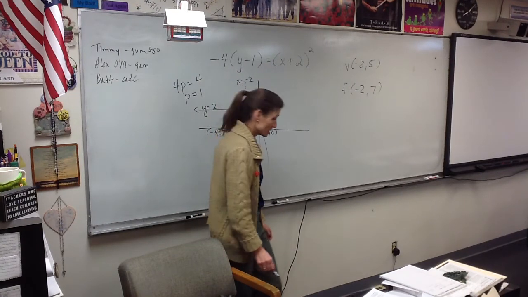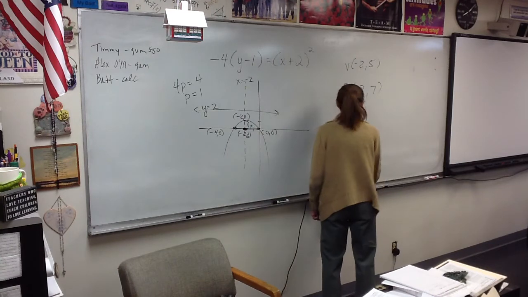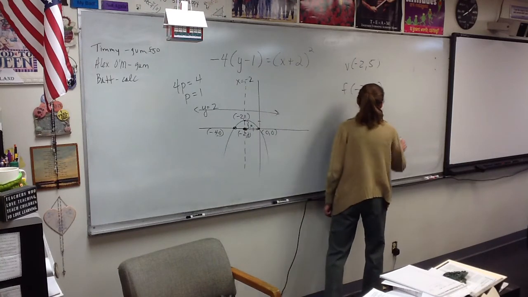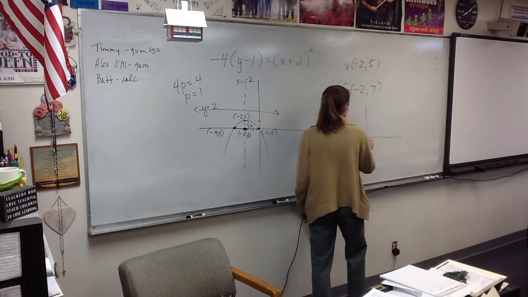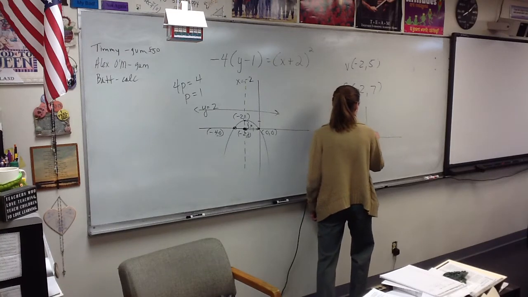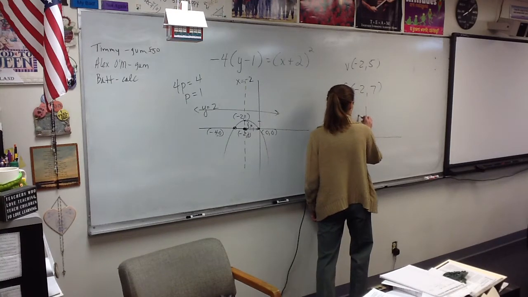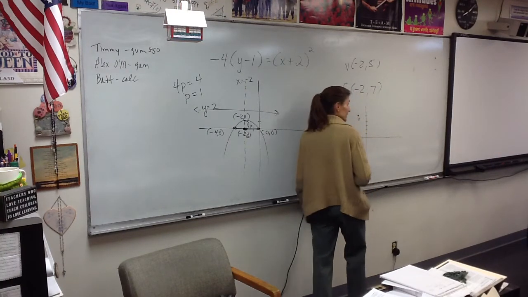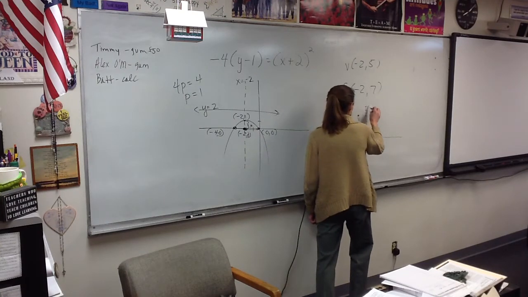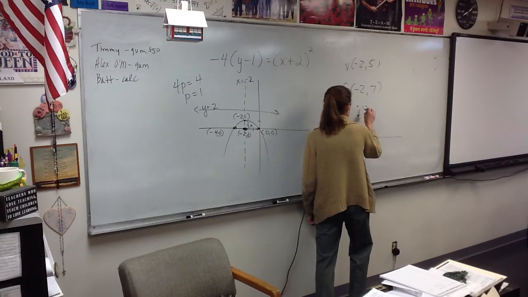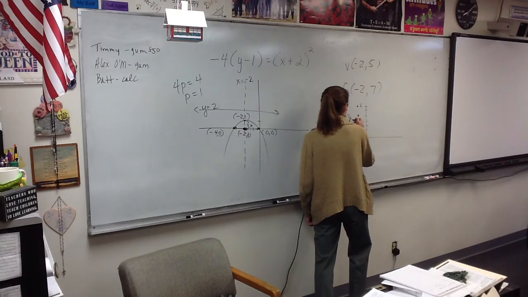Like always, not required, but I'm going to draw a picture because I want to see what this looks like. So (-2, 5) is my vertex, and (-2, 7) is my focus.